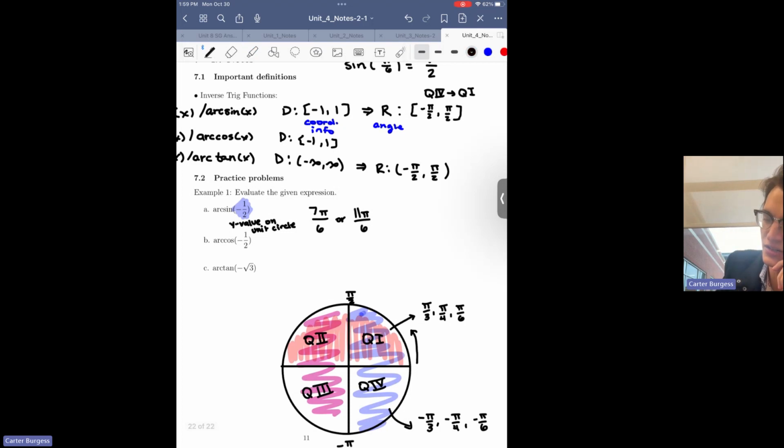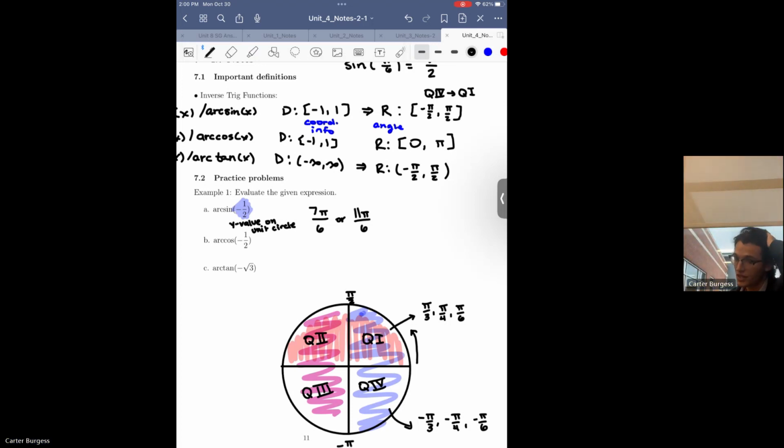The range here is going to be from 0 to pi. And if we do this, there is no ambiguity. We know exactly the y value or the x value that goes alongside a particular angle. Or actually, we know the exact angle that goes with a particular x value or y value.